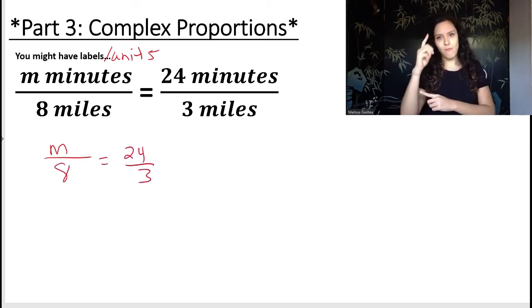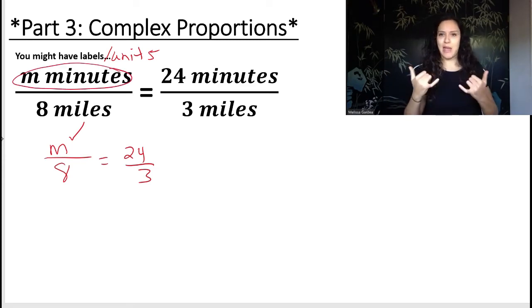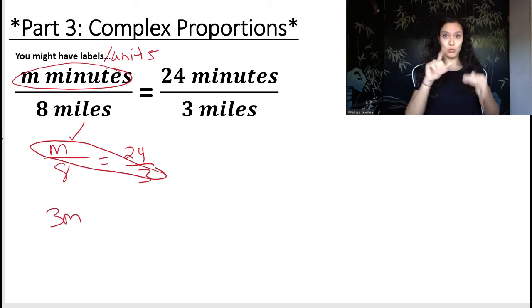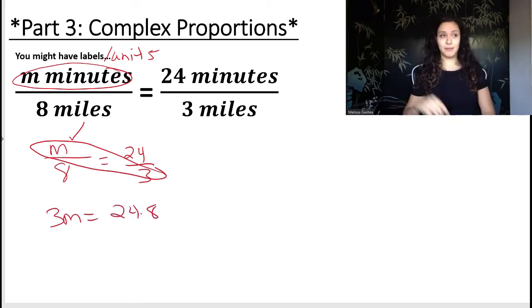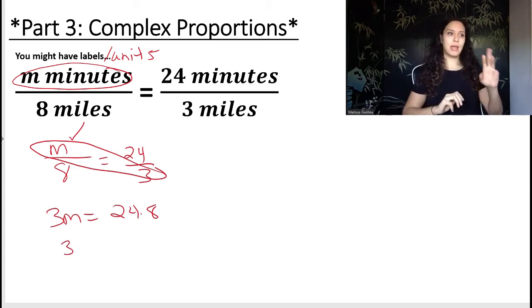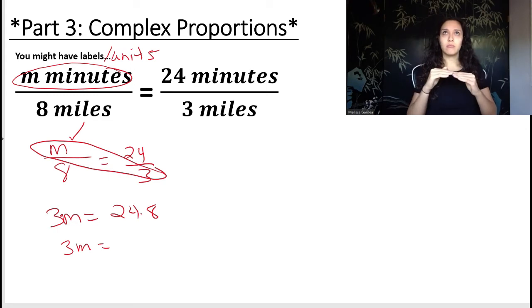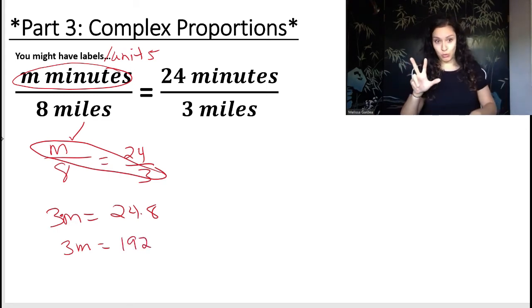Okay, because we're trying to find minutes. That's what m is, minutes. So just do the butterfly method. 3m equals 24 times 8. Okay, so it's 3 times m. 3m equals, so 24 times 8 is 192.